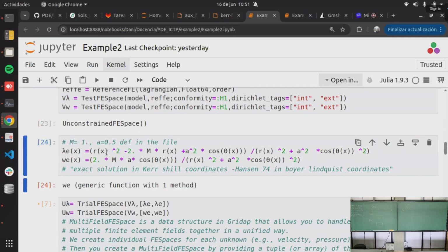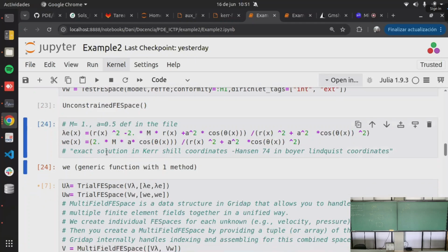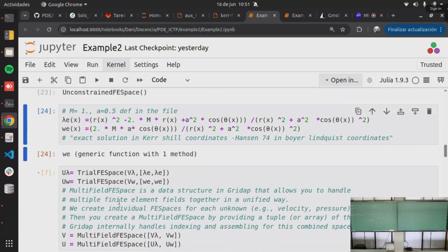In this case, remember that we have a coupled system, so we will use multi-field space. That is a data structure in Gridap that allows to handle multiple finite element fields together.